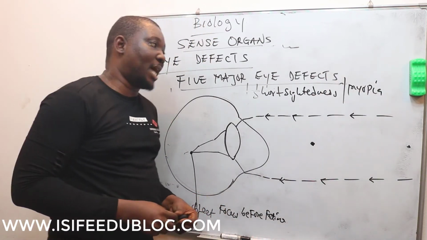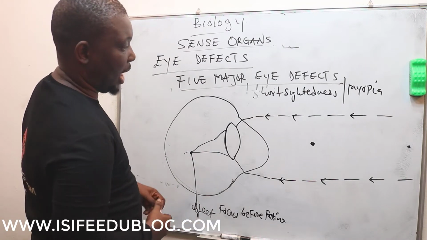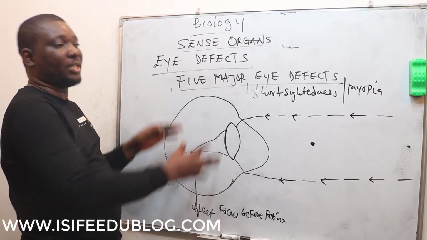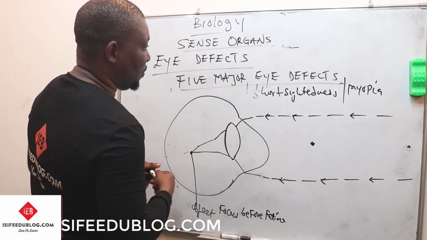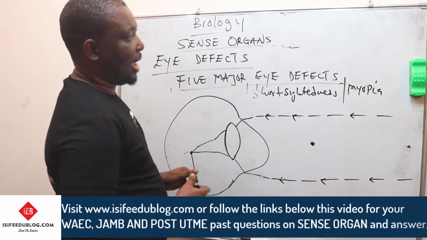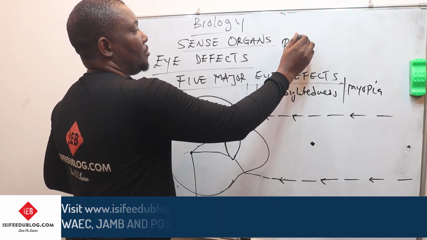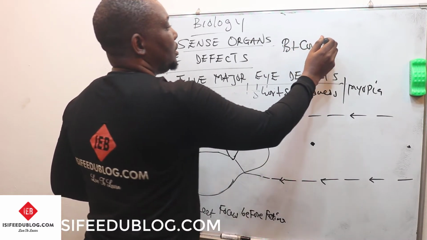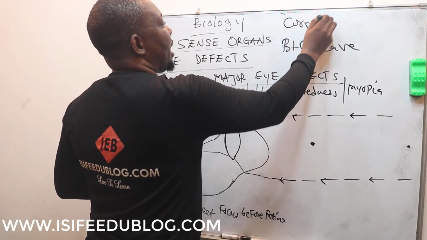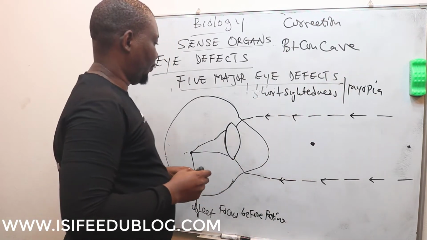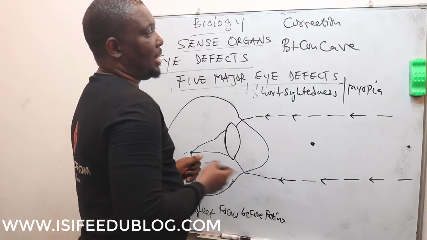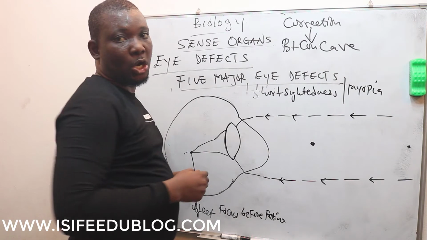But there's a correction. This eye defect can be corrected. I would like us to look at the correction of this eye defect. If we want to correct this anomaly, this eye problem, one can use lenses or glasses that are biconcave. So correction of this eye defect, this myopia, is wearing glasses or lenses that are what? Biconcave.